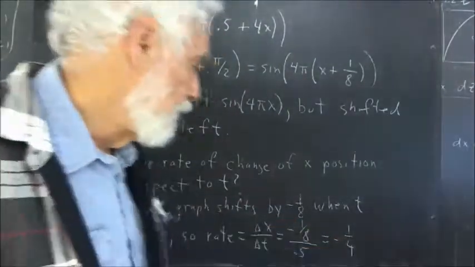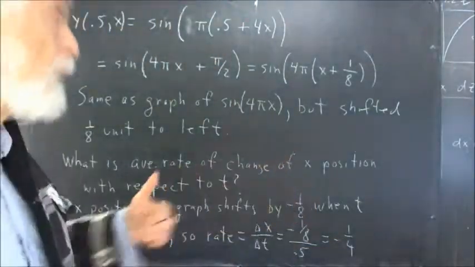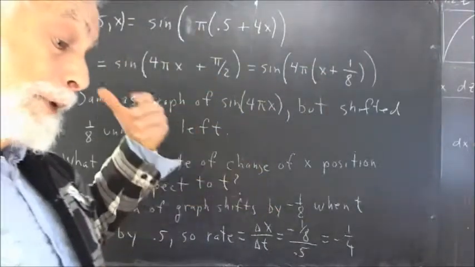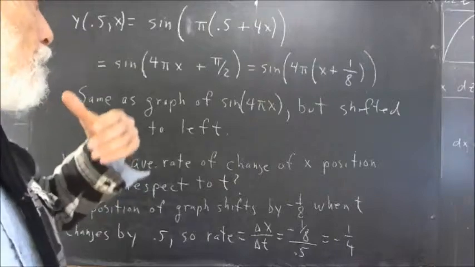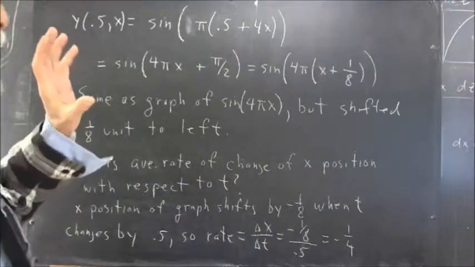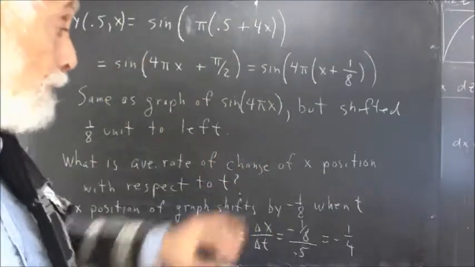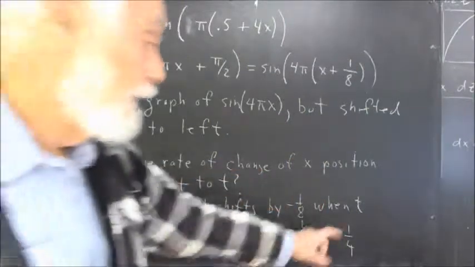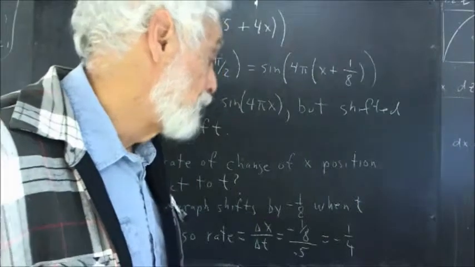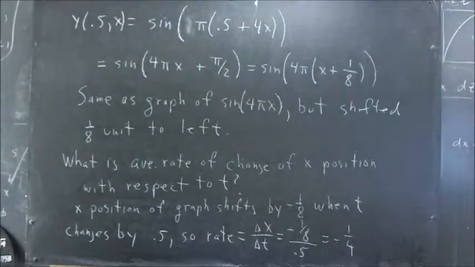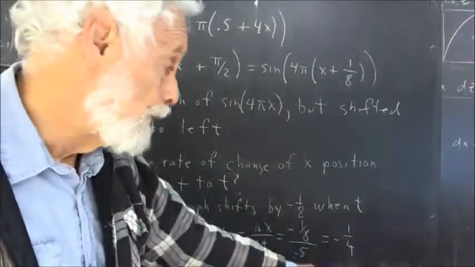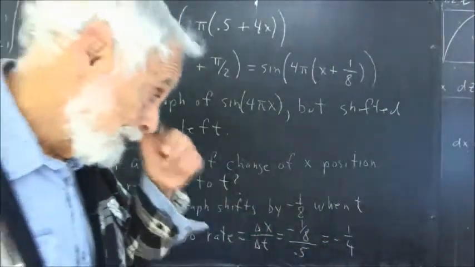This turns out to be the speed at which the wave modeled by sine of pi times the quantity t plus 4x, our function, is moving: a wave moving to the left at -1/4 of a distance unit per unit of time. If distance is measured in meters, time in seconds, that would be -1/4 of a meter per second.